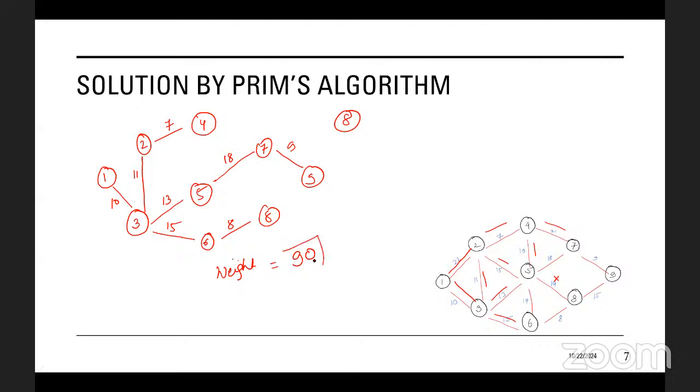So this is just an alternative approach, an alternative algorithm where we are selecting one root node, where one was the root node, and from there we were incrementally building up the tree. The logic being, we are branching out the trees, and we are selecting those branches which have the least weight.